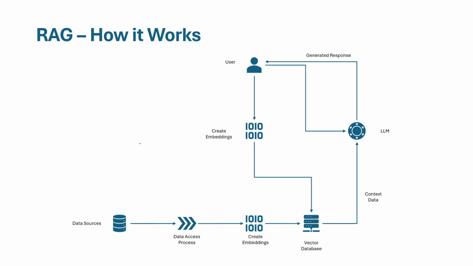Every RAG solution has two paths to it. Before you actually retrieve the data, you first need to load this information and do the conversion to embeddings. So this data loading part is mandatory when you're working with RAG.